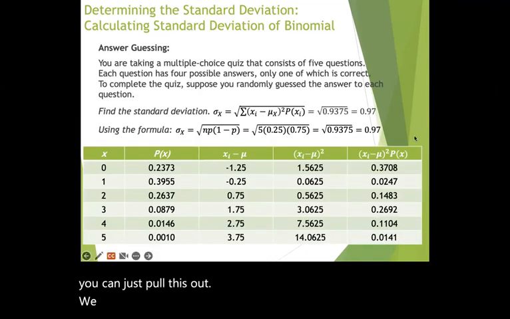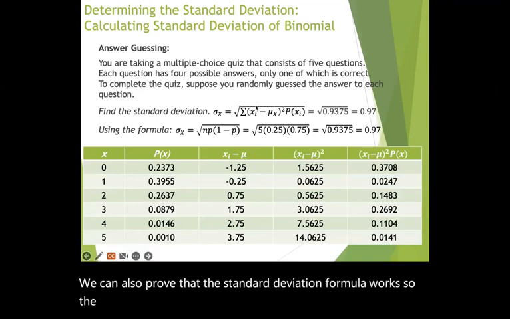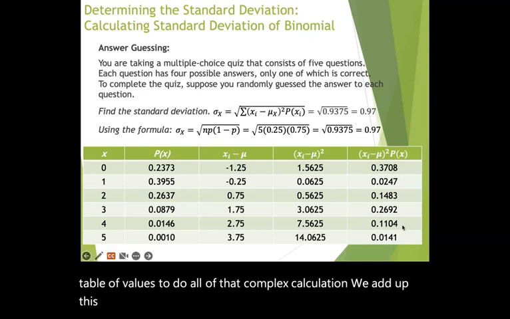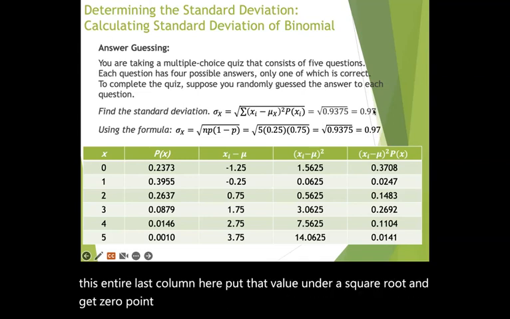We can also prove that the standard deviation formula works. So the top one here is the long version, and down here we create a table of values to do all of that complex calculation. We add up this entire last column here, put that value under a square root and get 0.97.